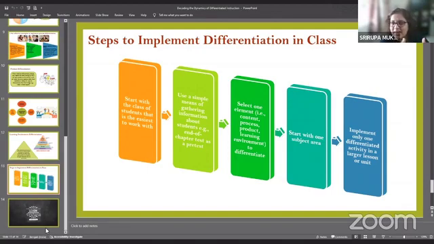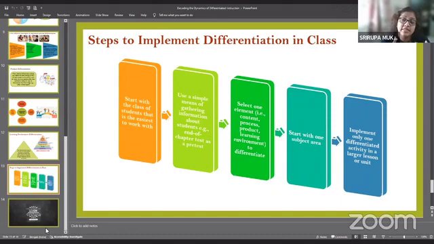The next step is selecting the element that I want to differentiate. Of course, it's not possible for any teacher to differentiate content, process, product, everything in one go. So to begin with, we first have to identify that this is the element that I'm going to differentiate. In most cases, I shall start by differentiating the content, and only then move on to differentiating the process or the product.